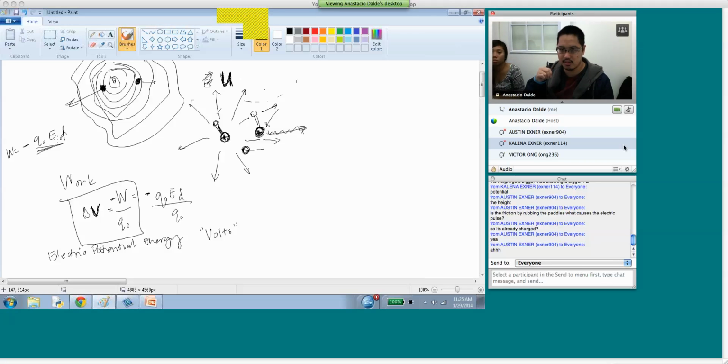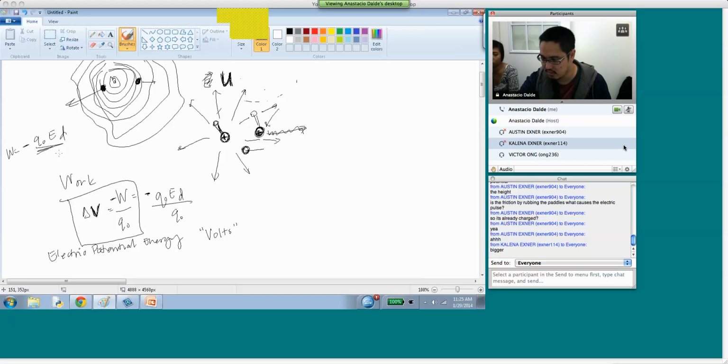Is it bigger or smaller? Bigger. The work gets bigger, right? Because it has more potential energy stored up inside of there. So if I make D negative, then the work should be positive, so that's why I have that extra negative in there. The basic concept is because opposite charges attract and like charges repel, that's why I throw in that negative in there.